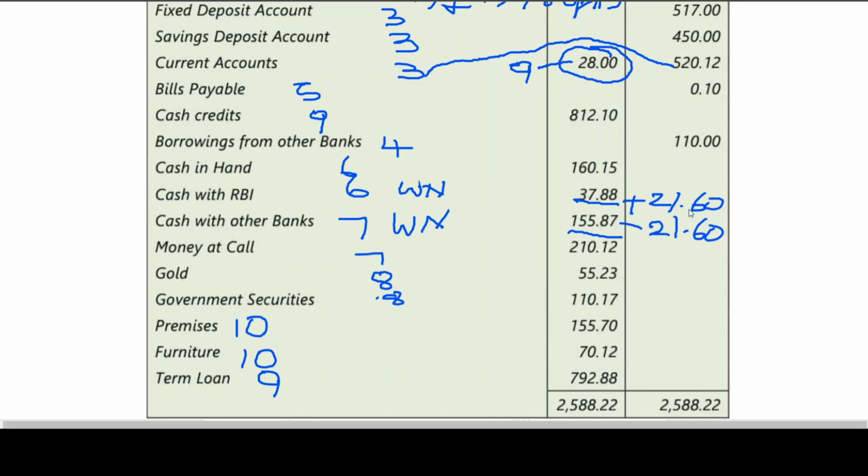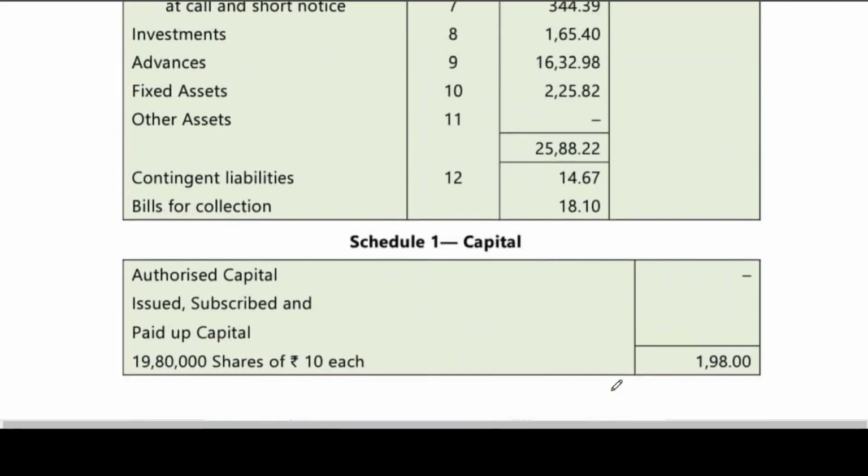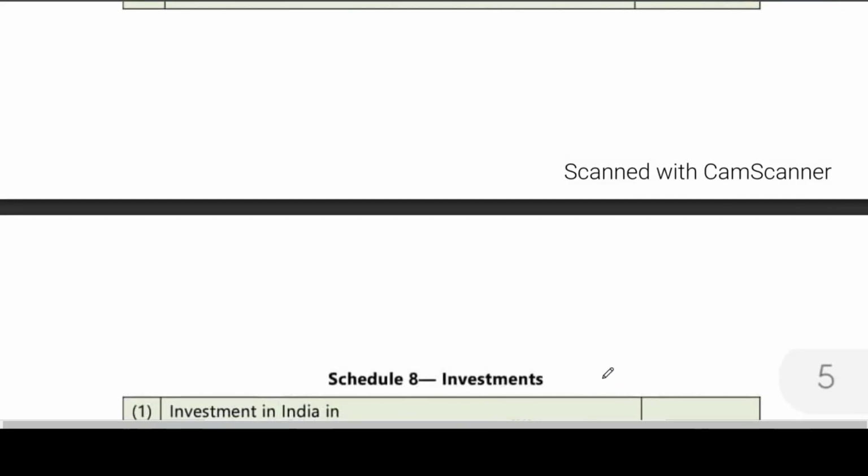Then that amount is to be deducted from liquid assets. If you are having positive, it is called excess liquidity. That excess liquidity is to be deducted from cash with other banks and added to cash with RBI. It means the Reserve Bank is having more amount with them to safeguard the interest of the depositors. Is this clear to all of you? This is what has been worked out in the problem.